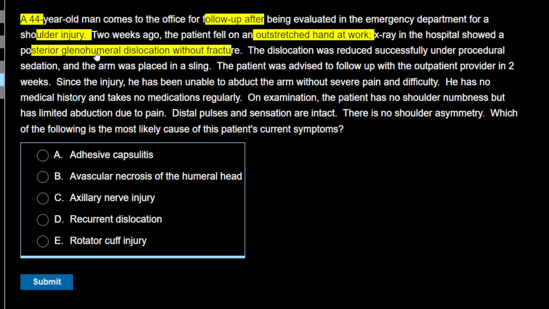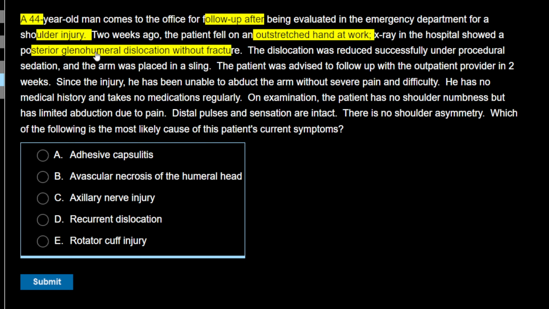The dislocation was reduced successfully under procedural sedation. Okay, the patient was sleeping and they put it back, and then the arm was placed in a sling. The patient was advised to follow up with the outpatient provider 2 weeks later. Since the injury, he has been unable to abduct the arm without severe pain and difficulty.